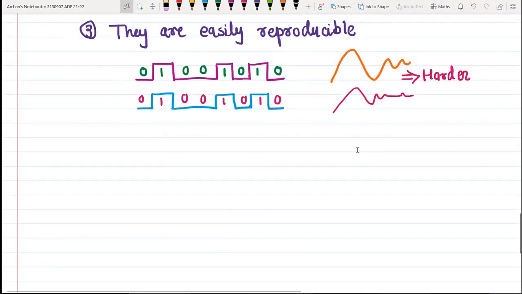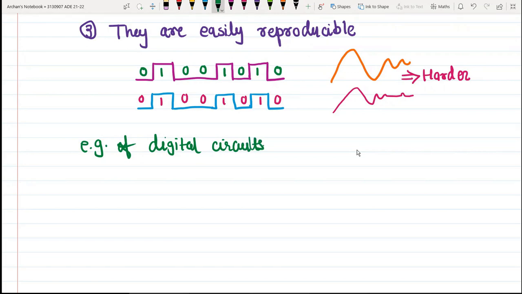So you may find a number of applications where we are going to use these digital electronic signals. Say, for example, applications of digital circuits are, first, in microprocessors or microcontrollers.